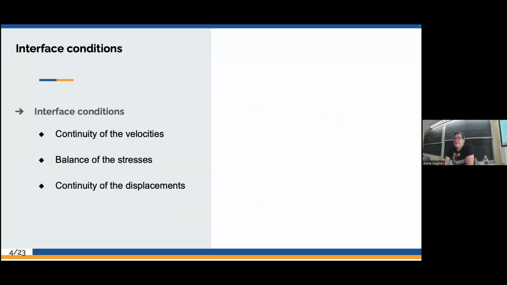Now, having at hand the ALE map, we can write the interface conditions in the mathematical form. For that, we first need to provide a deformation gradient, which is the following, which is just the gradient of the ALE map, and we also need its determinant.